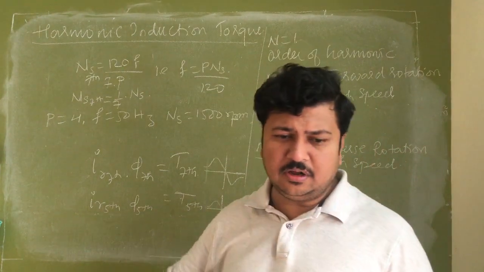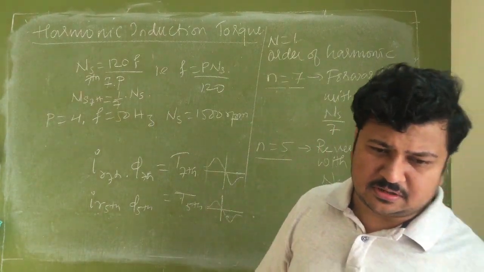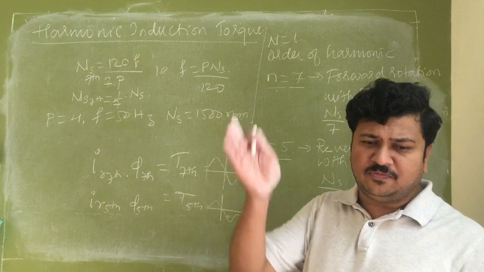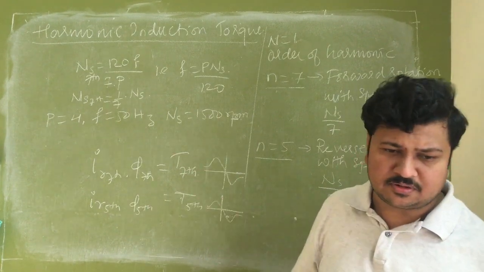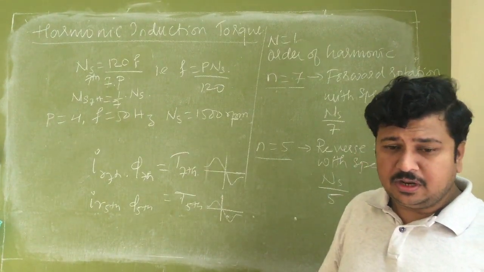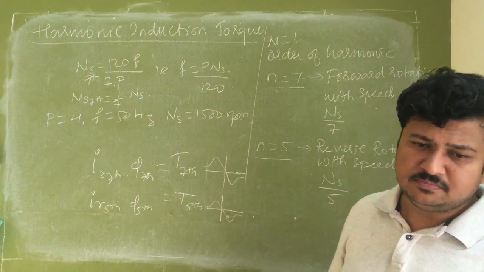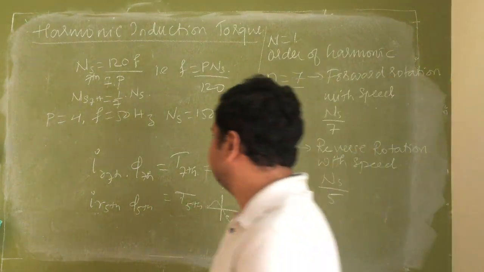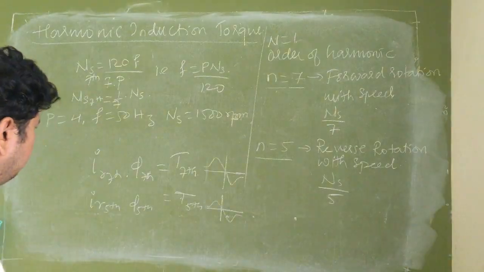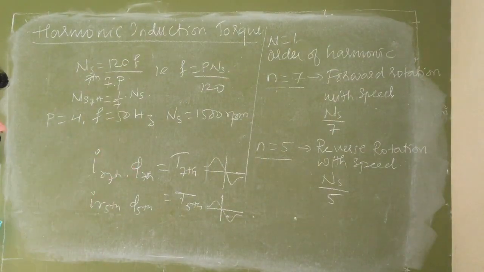All three torques will be superimposed on each other. I will get a resultant torque of fundamental, 7th order and 5th order. Now what happens when all three are superimposed, and what is the effect of that? That we need to see. I hope it is clear up to this part.